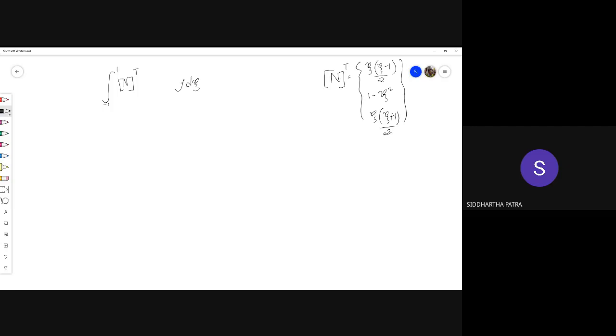I may be wrong, but this is how it looks. And then you have your q, which is a scalar, and it is somewhat like this.